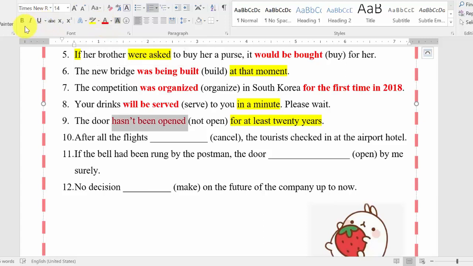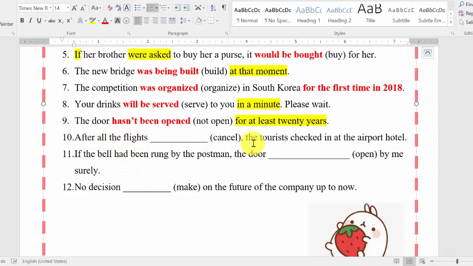It won't be present perfect continuous or past perfect continuous passive. So the door hasn't been opened for at least 20 years. Because we only have one action in this sentence, it cannot be past perfect tense. It must be present perfect tense. So hasn't been opened.